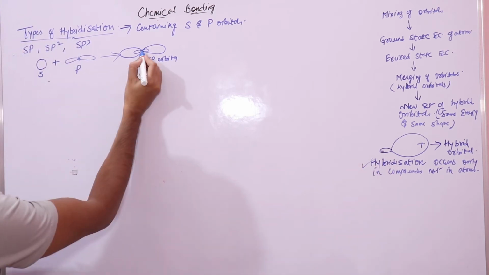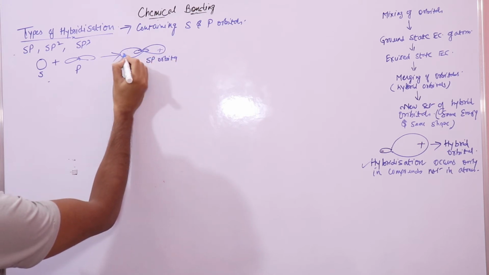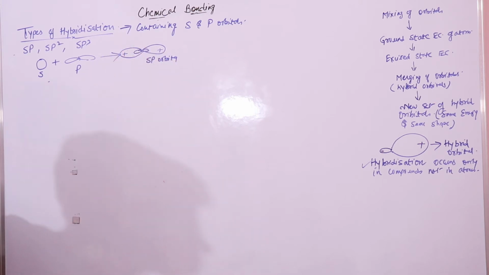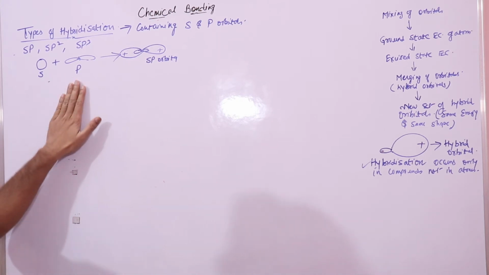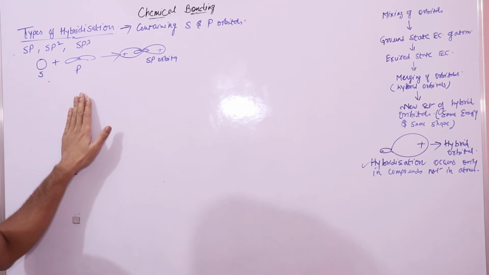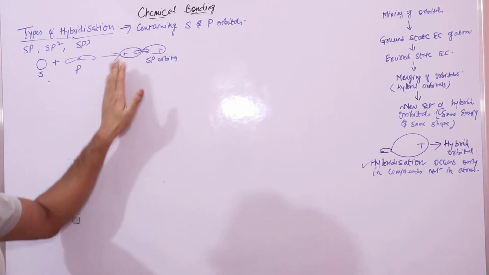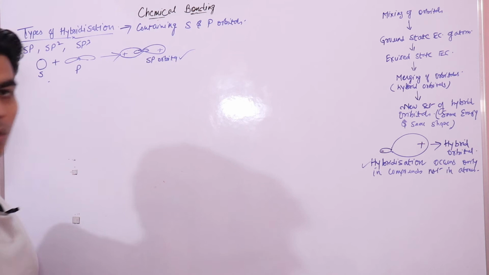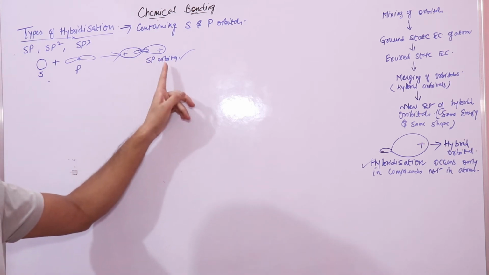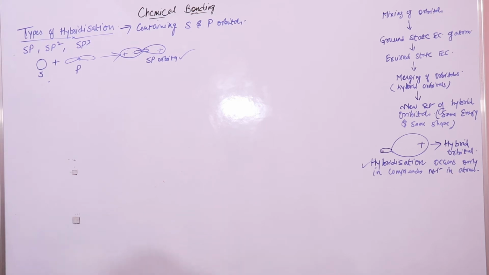So this is the smaller lobe of this and this is the smaller lobe of this, and the bigger lobe will always be positive, right. So this is your sp hybridization. One s and one p will mix and merge and will redistribute the energy to produce two hybrid orbitals that will have the same energy and the same shape. This is your sp hybridization.